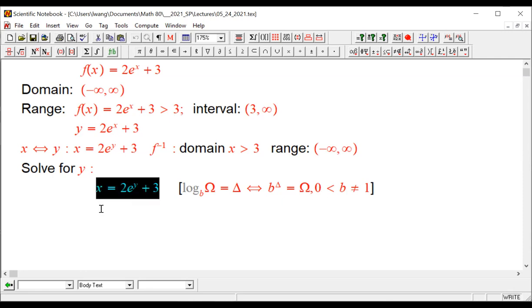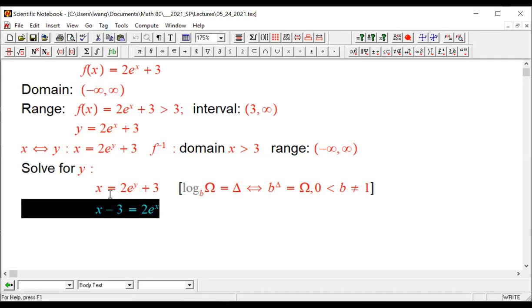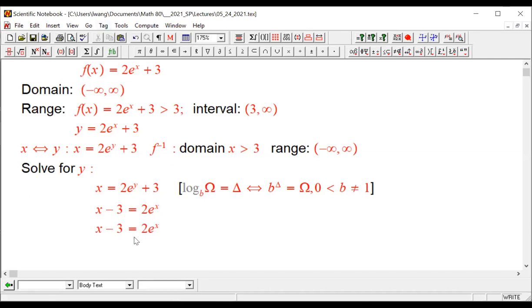So if we can manipulate it somehow, we're going to subtract 3 on both sides, which leaves 2e to the power x. We have an exponential form, but there's a number in front of it. So we're going to divide both sides by 2, which is the same as multiplying both sides by half.